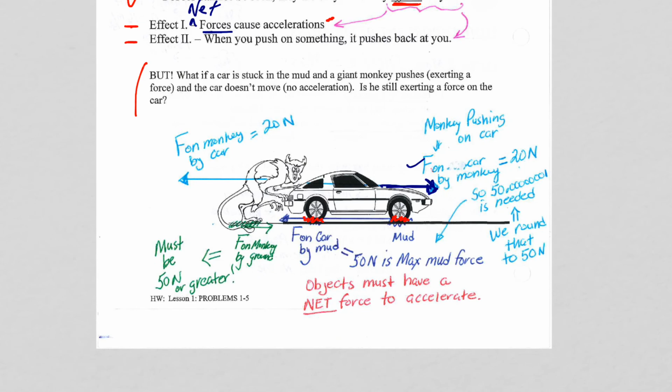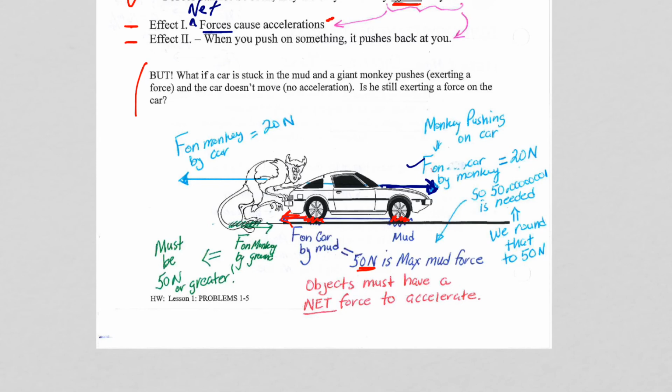So here we have the car stuck in the mud. There's definitely a force on the car, right? And if it's not moving, well, there would have to be a balancing force, right? It's a tug of war, a backwards force on the car down here, a force on the car by the mud, and if the monkey is not exerting a larger force than the mud can exert, then the car doesn't move.